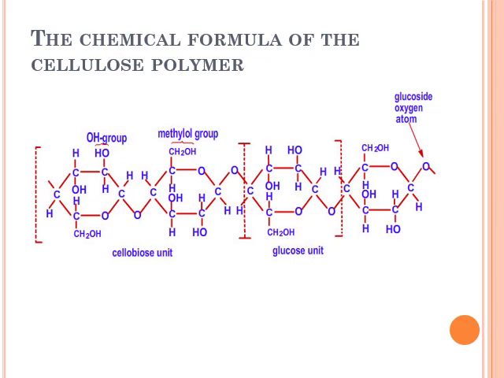The polymer system of cotton is crystalline in nature. It consists of about 65 to 70% crystalline and about 35 to 30% amorphous regions.